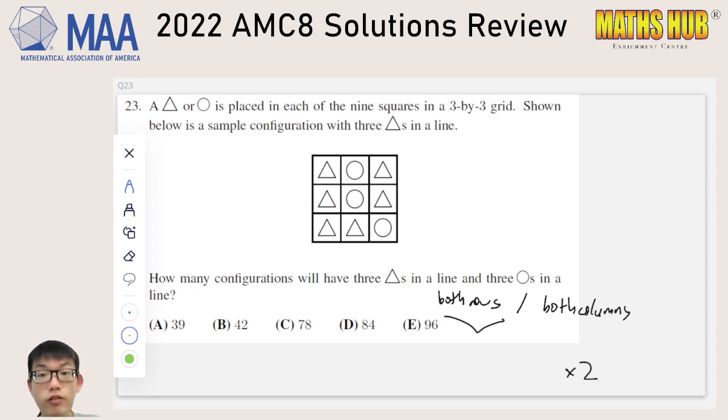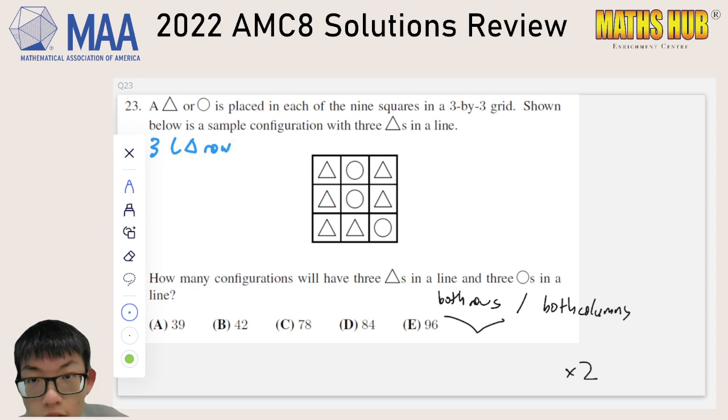Okay, so now we want to focus on rows. We can ask ourselves what the ways are to have 3 triangles in a row and 3 circles in a row. Well, let's decide which of them will be the triangle row first. There are 3 choices for the triangle row. And then there are 2 more choices left for the circle row.